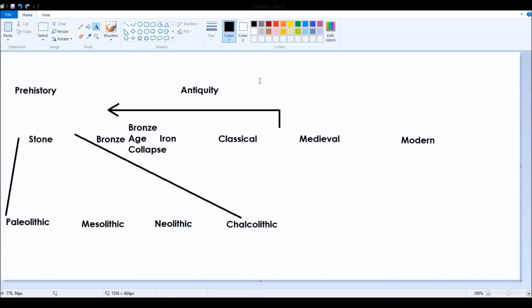But how steel-like metals are that are used for tools, weapons, and armor really depended, especially in the classical era, on where it was being made.